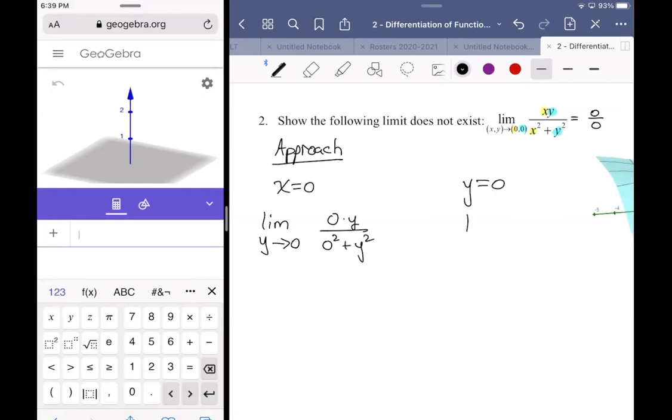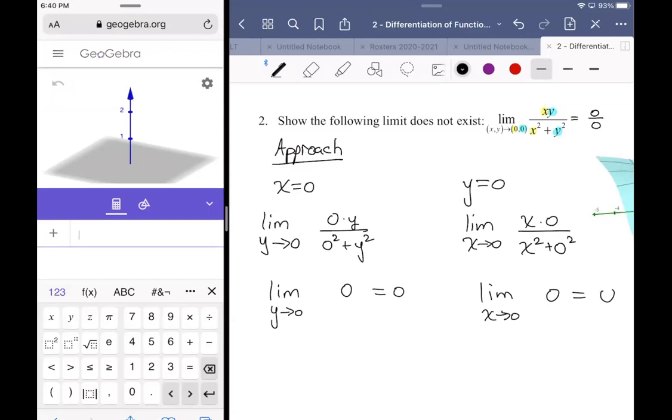And for the other one, I'm holding y constant, so x is varying: x times 0 over x squared plus 0 squared. Okay, we can clean this up. You get 0 on the top in both cases. And so when we apply our limit, we get 0 each time.